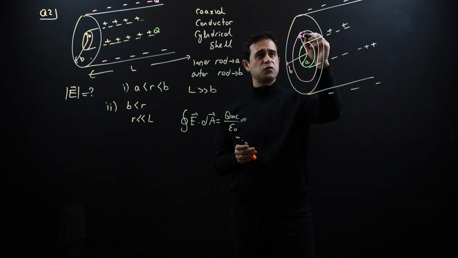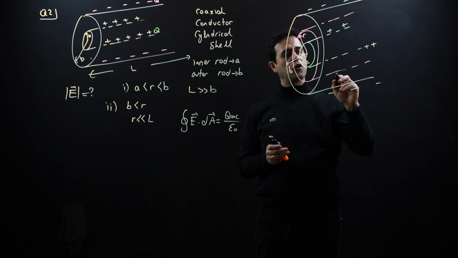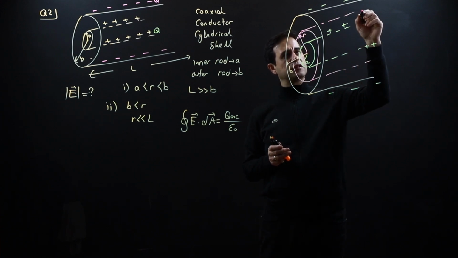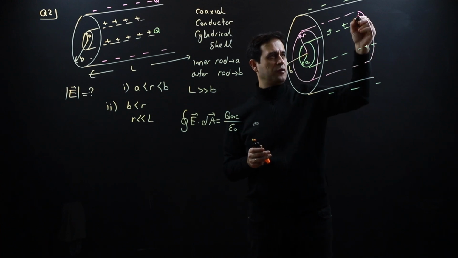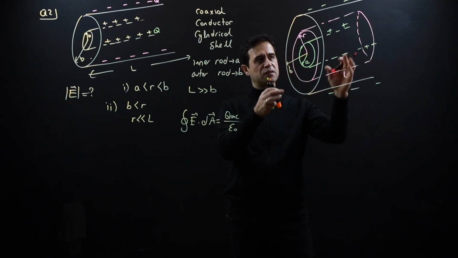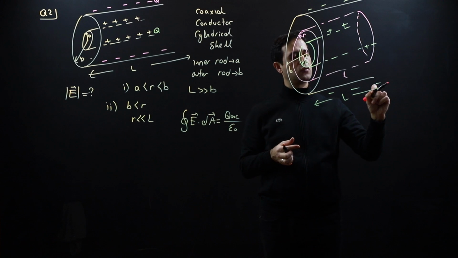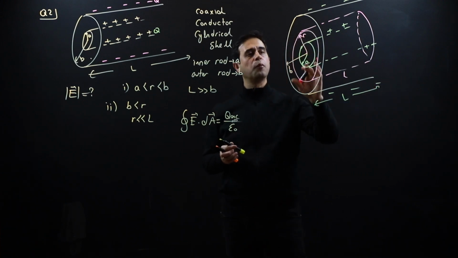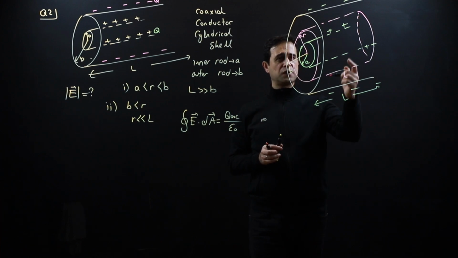And if you choose this Gaussian surface, which is exactly a cylinder of a length of like L, but this L is smaller than the capital L, it's some portion of the cylindrical shell. But remember that this L is a huge length compared to both A and B. So this is the Gaussian surface.